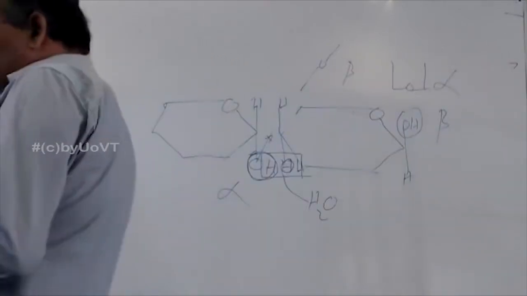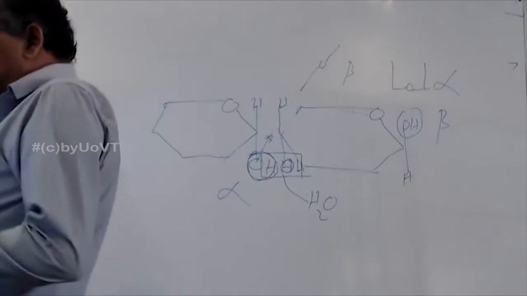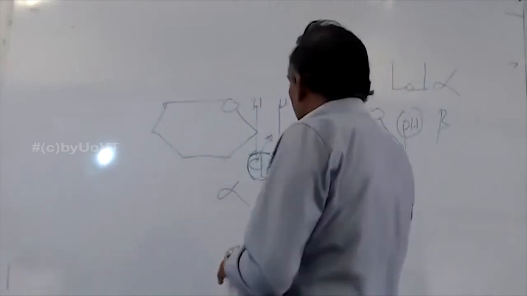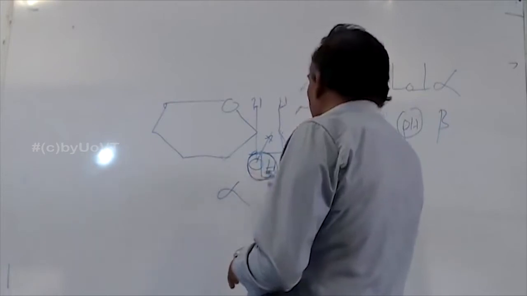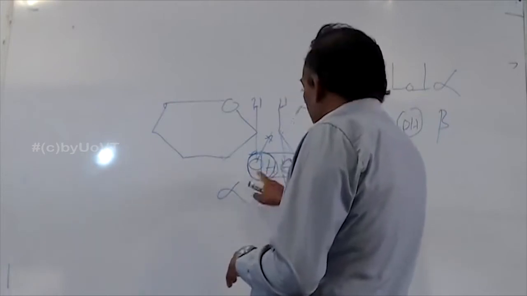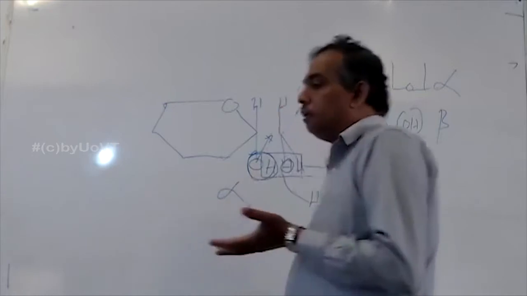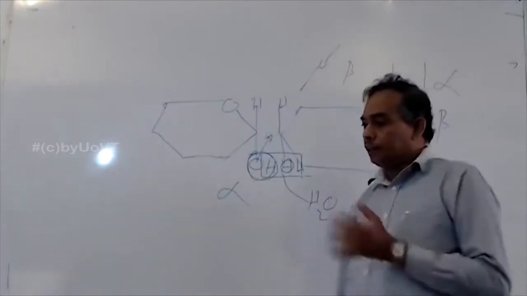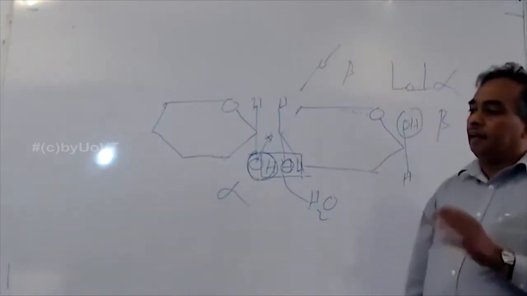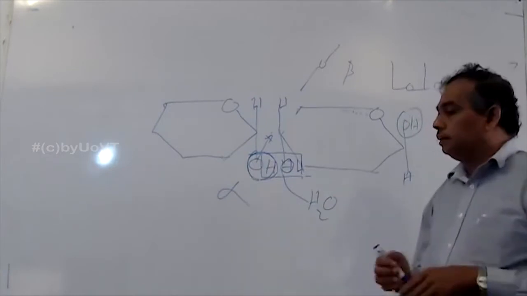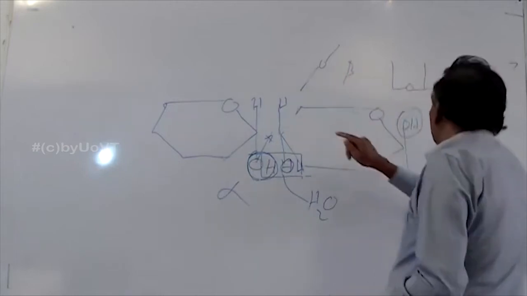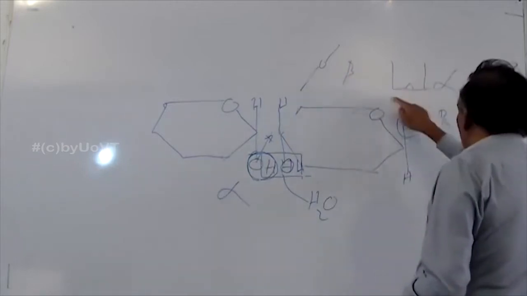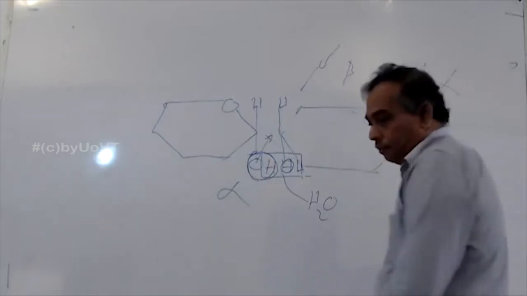So that means the bond can be alpha or beta when it forms a disaccharide, depending on the positions of the reactive groups. Then we can categorize the glycosidic linkage between two monosaccharides as alpha and beta. If it goes upwards like this, it is a beta type bond. Downward like this is alpha.